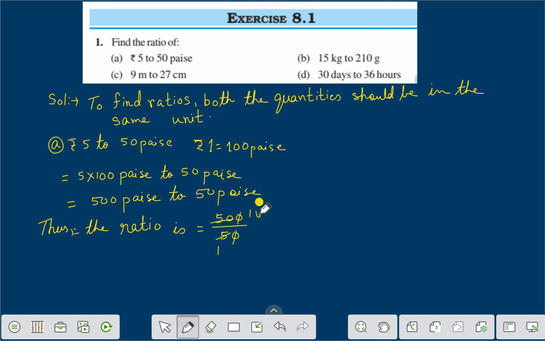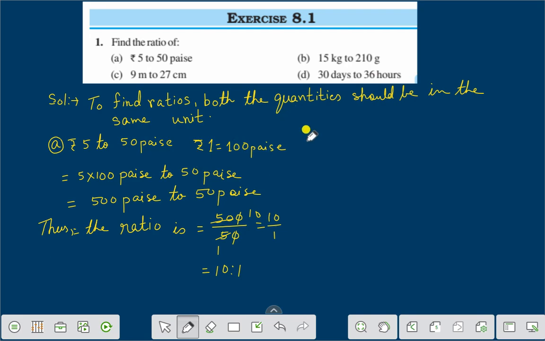That is 10 by 1. So we can write that the ratio is 10 is to 1. Right?